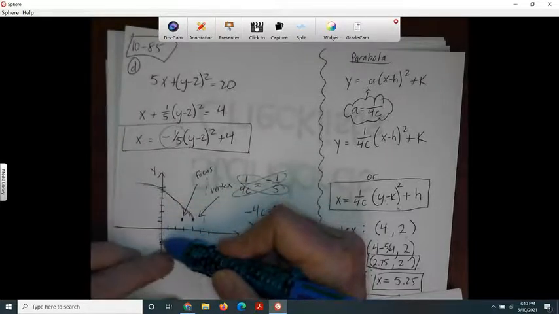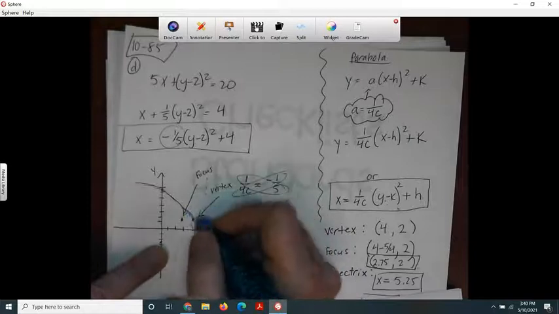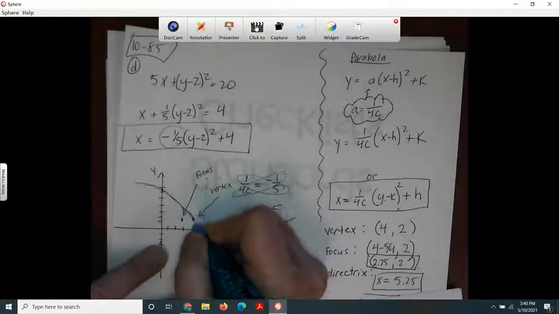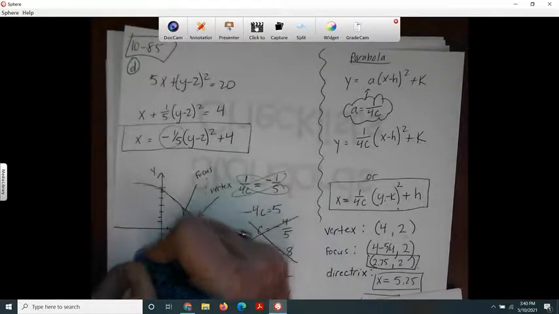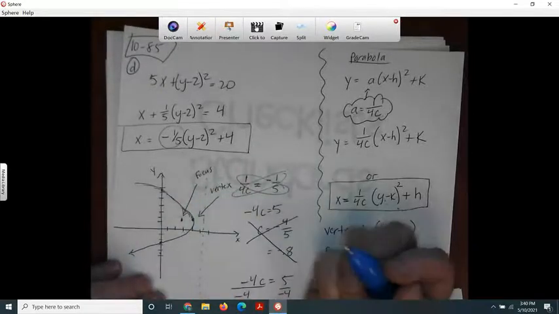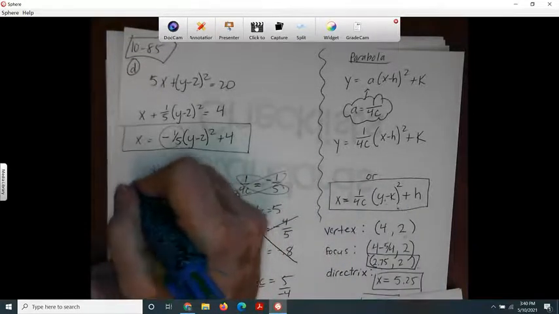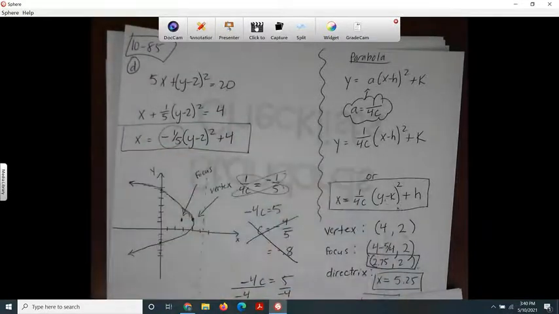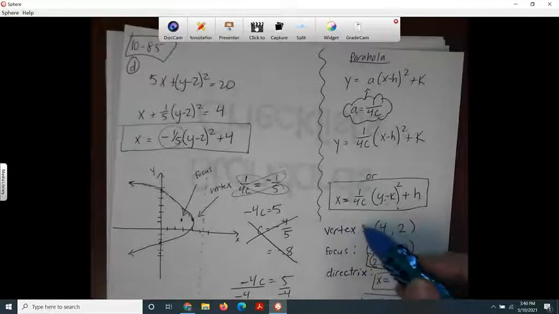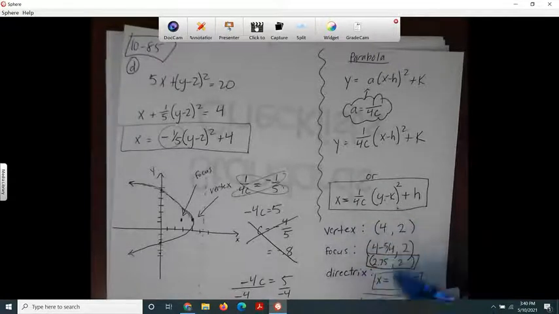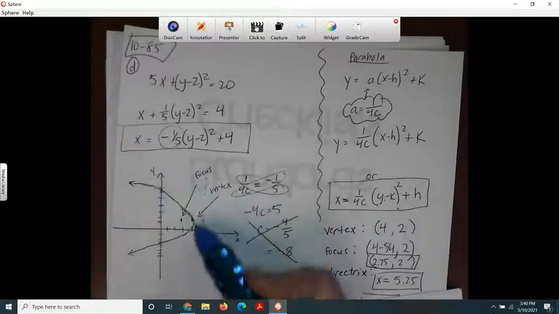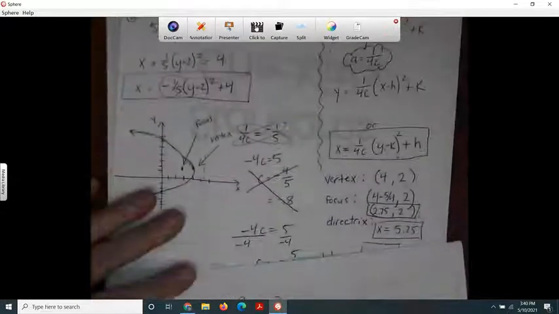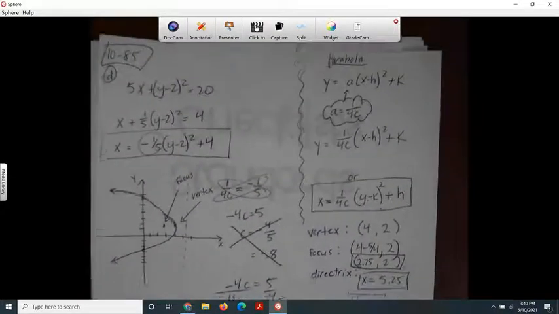There's 4.25 right there. I didn't bother to find out exactly where it crosses the x-axis. I know you guys know how to use Desmos for that if you want to, but really these are the 3 important points that they want. I just got those so I could see how wide it was. And so that's how you do that.